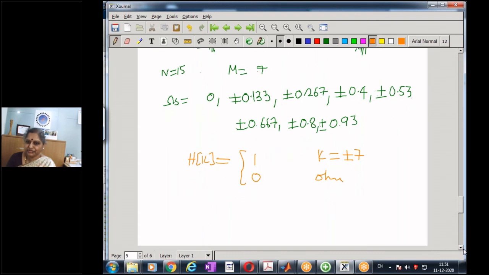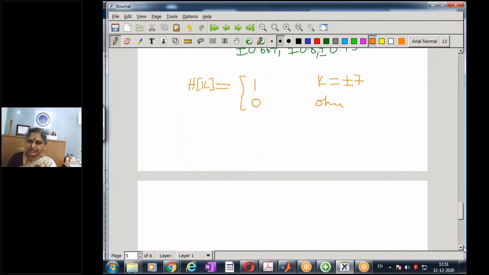So now once again, instead of doing a 15-point IDFT, our second method of getting the result becomes easier.